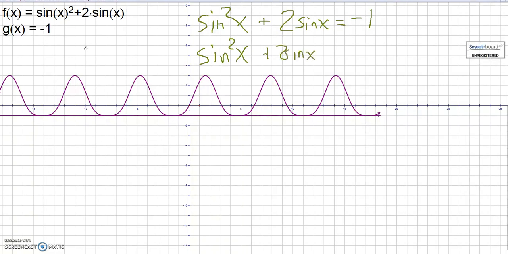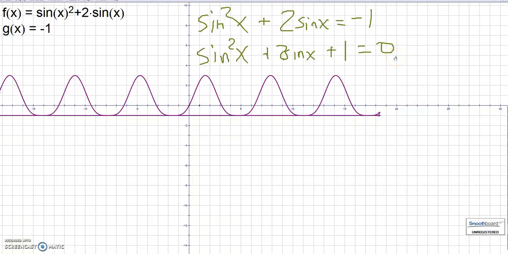So if I bring that negative 1 over, I really have a plus 1, and now it's going to equal 0. Okay. So now I get into this idea of unfoiling it. So just think of sine of x as just being like x or y or some other variable. Really, I have x squared plus 2x plus 1 equals 0. It's the same basic idea.